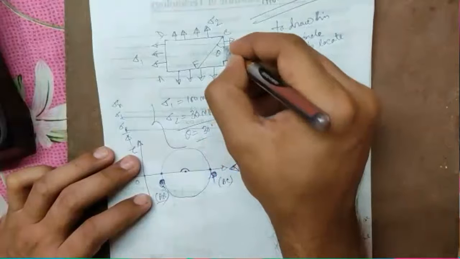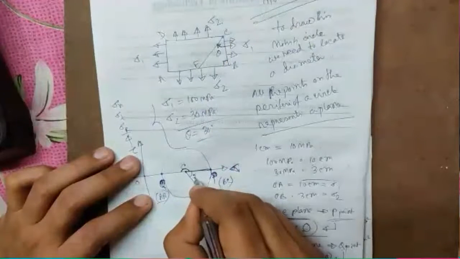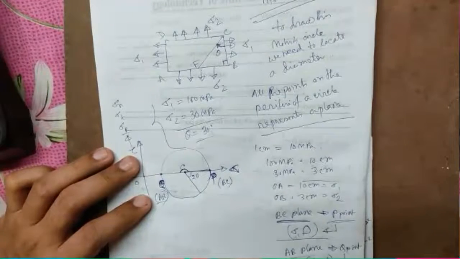CF is clockwise 2 theta. So theta is given 30.